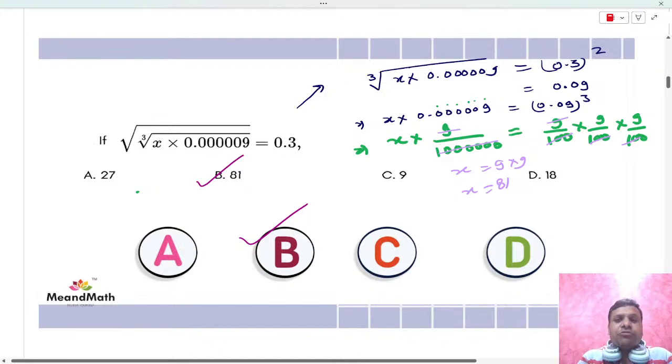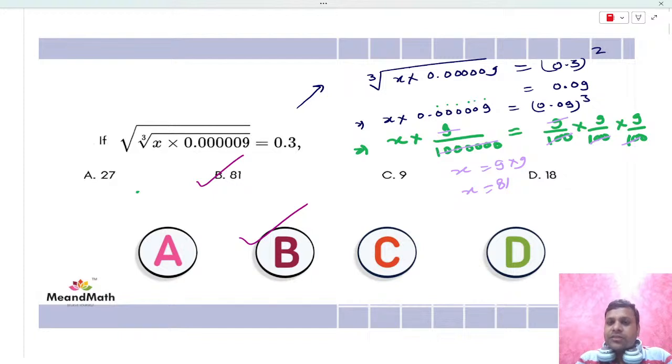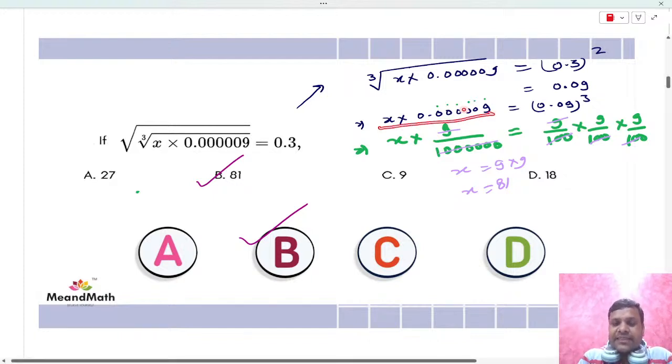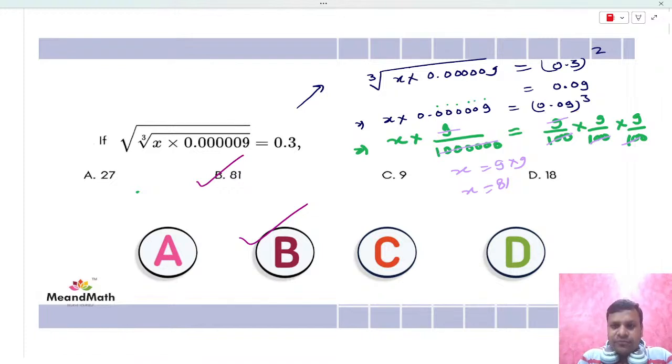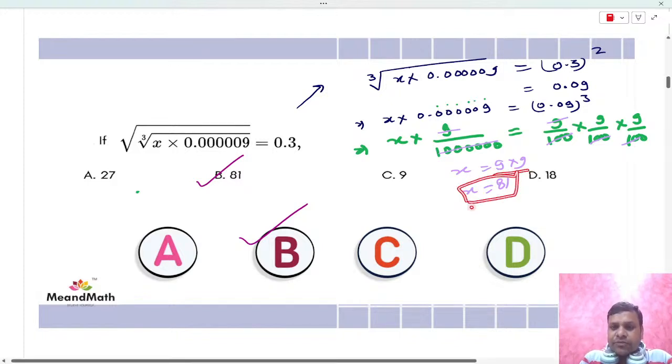If I want to remove the cube root, I have to cube both sides. So in the second step, x into 0.0000009 is equal to 0.09 whole cube. Now simplify it either way. I choose the method of fractions. I convert the decimal into a fraction, cancel out the things, remaining 9 into 9. So x is equal to 81.